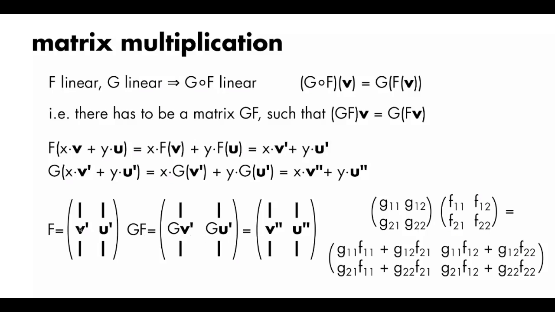And it's really quite simple. You just take F and think of it as a bunch of column vectors, and you multiply each column separately by G, and that's how you build your matrix GF. That's it. That is matrix multiplication, derived from very simple principles.